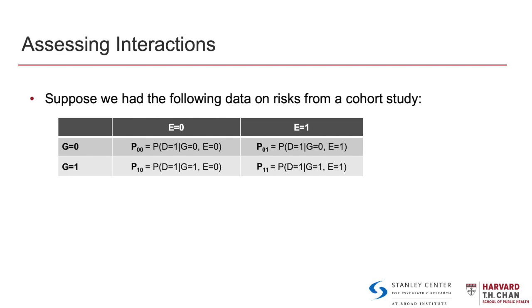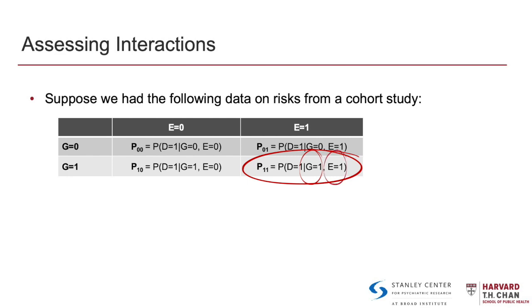The probability of the outcome in the presence of both the environmental risk factor and the genetic risk factor is indicated here. P11 would be the probability of having the disease given the genetic risk factor and given the environmental risk factor.